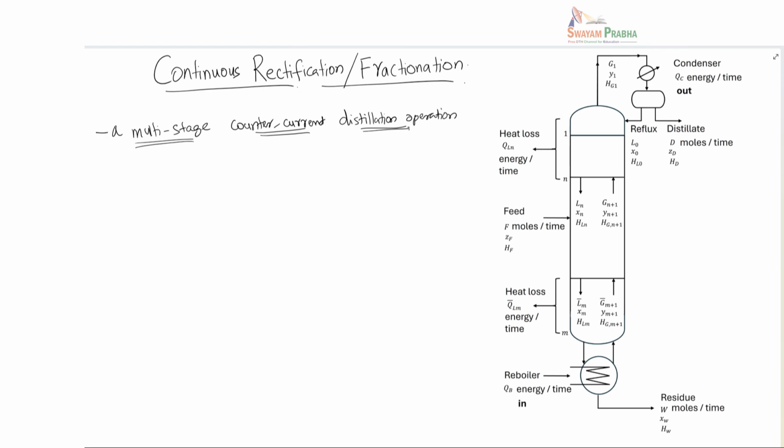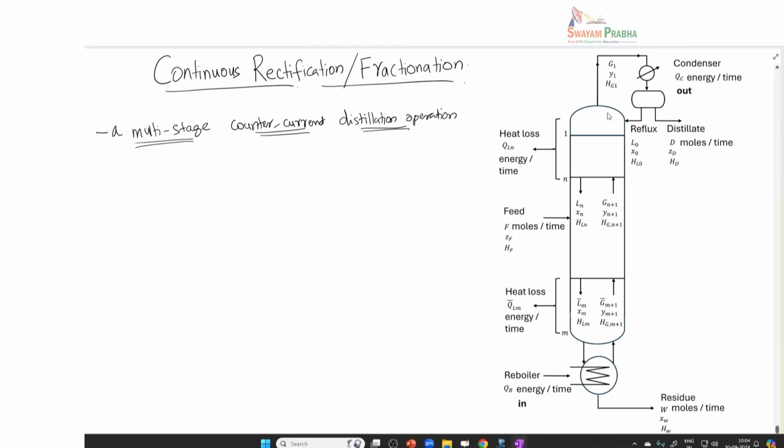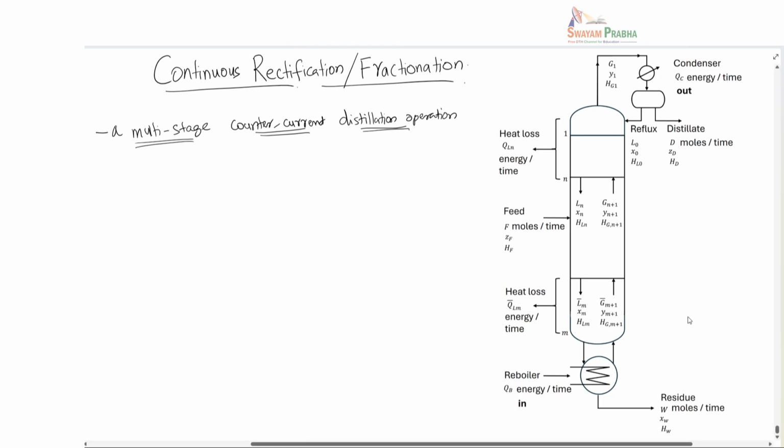So what I have shown here on this figure is a kind of a schematic of a continuous rectification column or distillation column, and it has several features. Okay, so let me walk you through all these details. So first of all, the tall column that you see here, it is a gas liquid operation column.